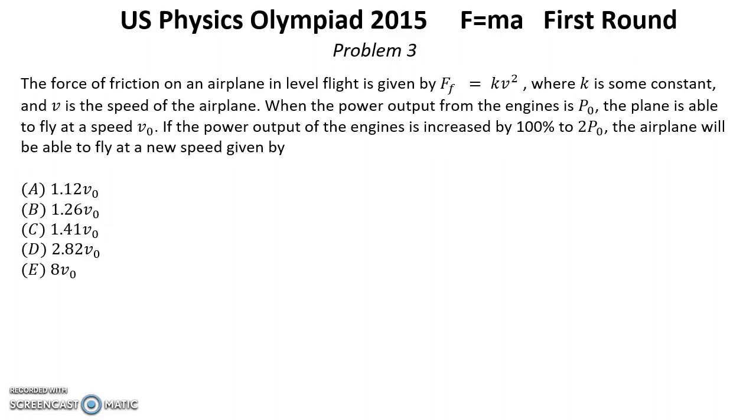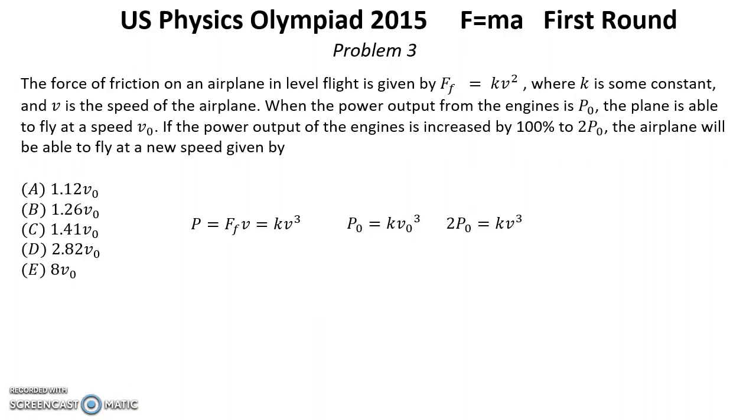Solution. Here we can write the expression for power. For flying with a constant speed, power must be equal to force multiplied by speed, which is kV cube. It means that P0 equal kV0 cube.